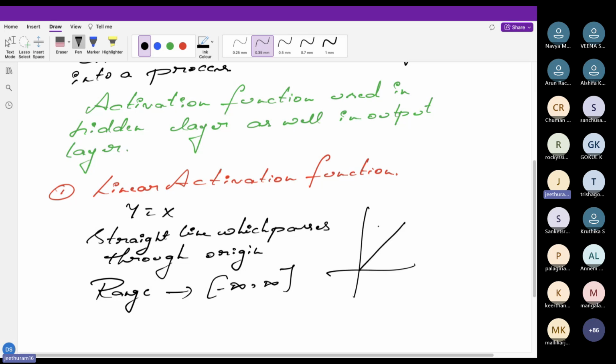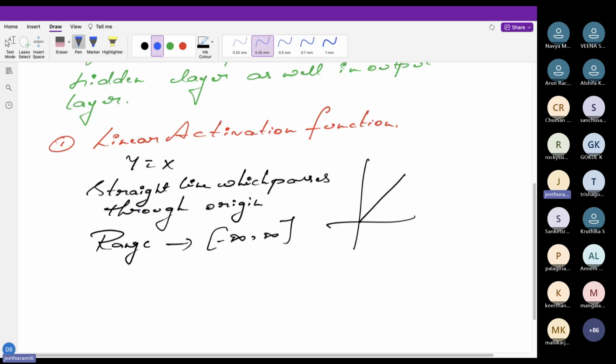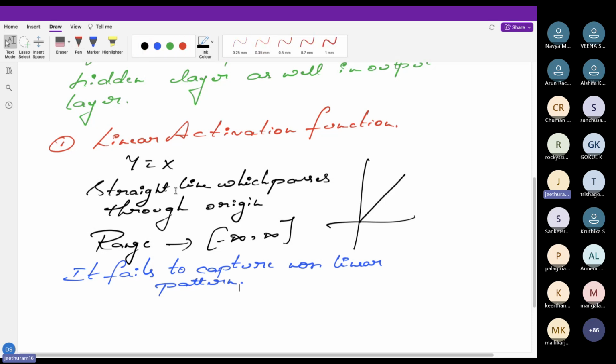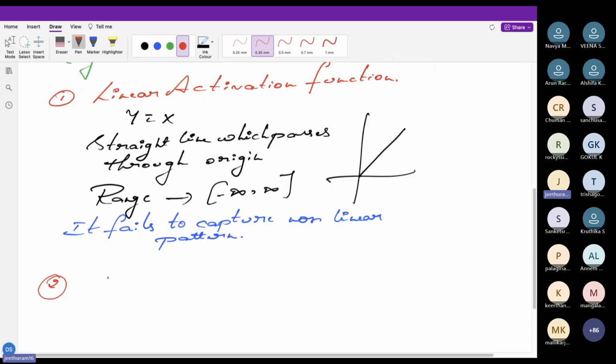One limitation of this linear activation function is that it fails to capture non-linear patterns. To overcome this, the next important activation function is ReLU. Also, the linear function is used in the output layer, especially when it's a regression problem.